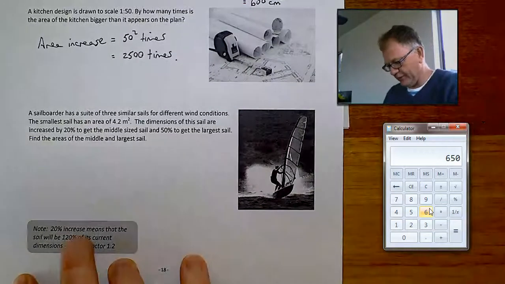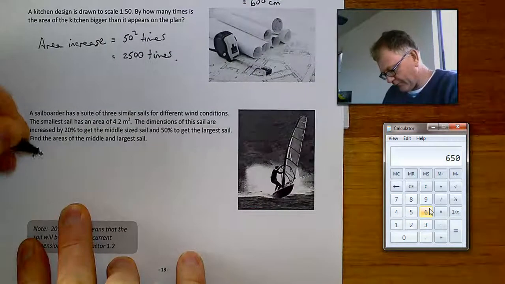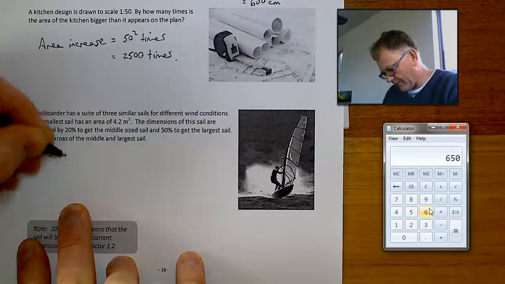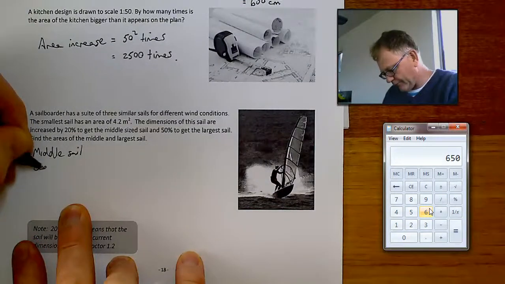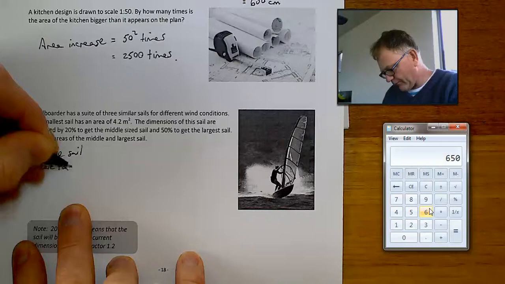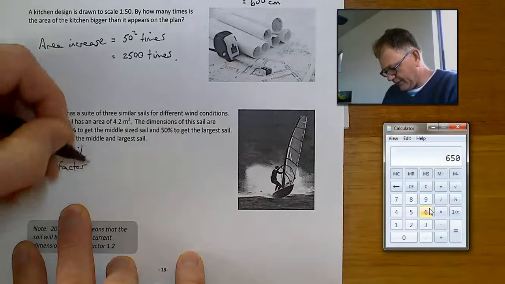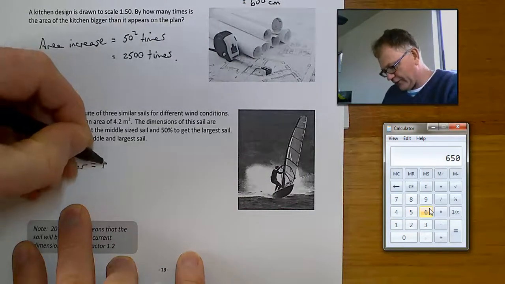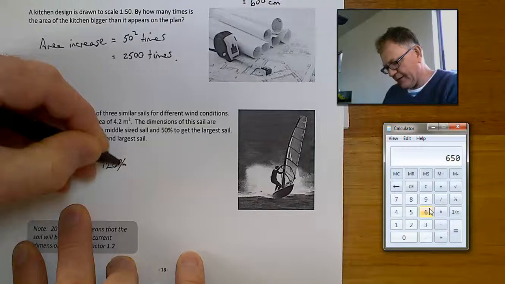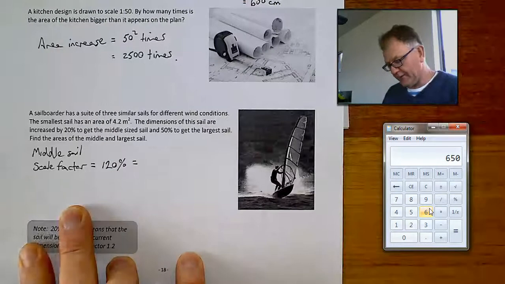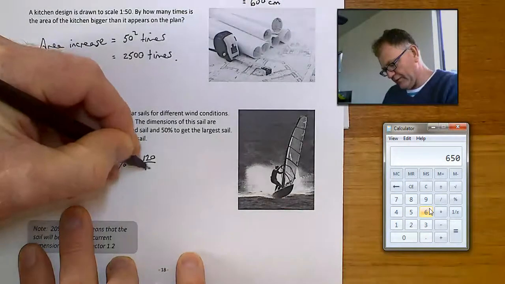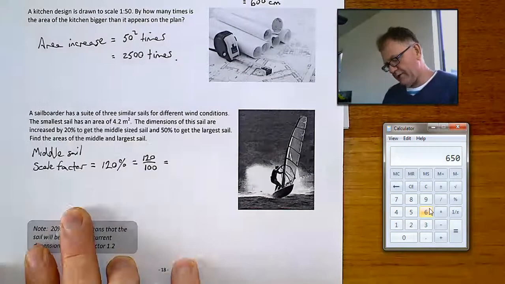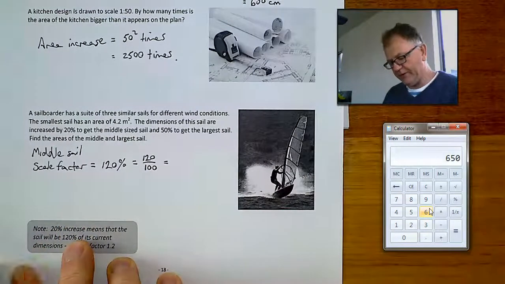You could say that for the middle sail, the scale factor is going to equal 120%. Now 120% can be written as 120 over 100, or 120 divided by 100.